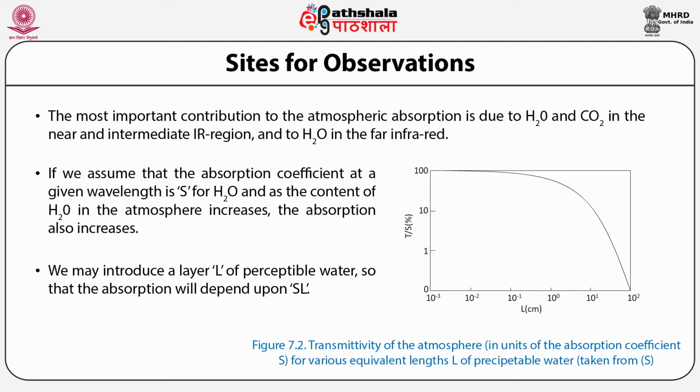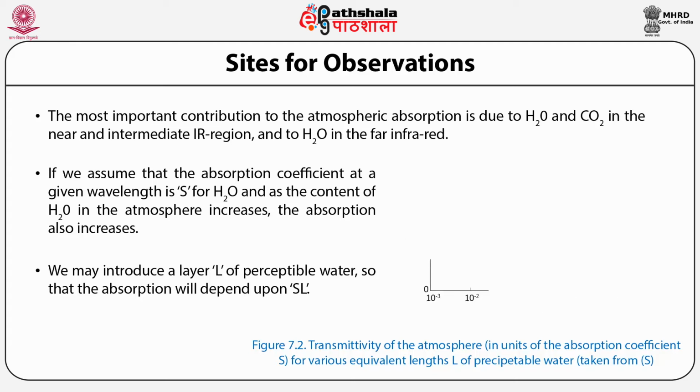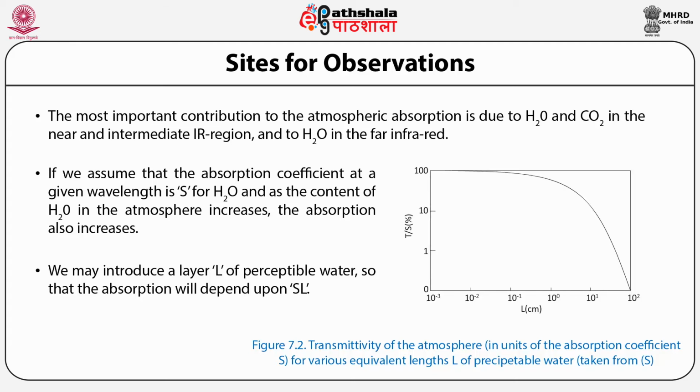As we said, we should go above sea level and higher, and such sites should also be free from any kind of disturbances. It's not only the scientific things that are important for selecting a site for the IR telescope, but there are some social effects, like the site should be less affected by the public and less affected by transport.